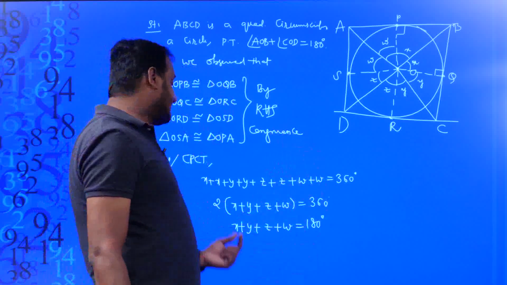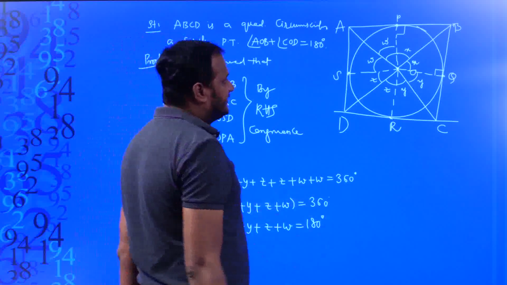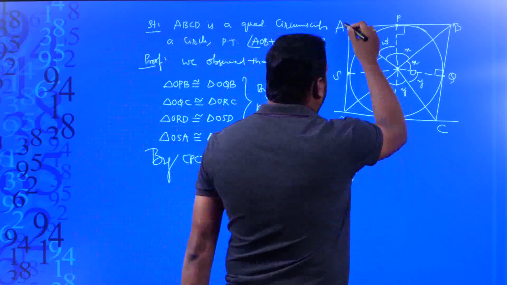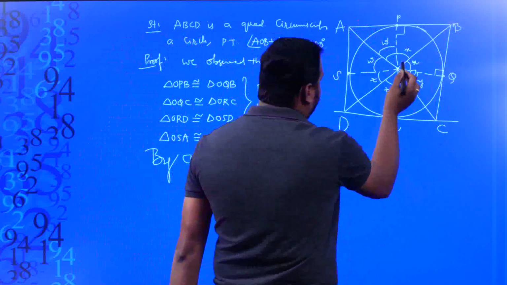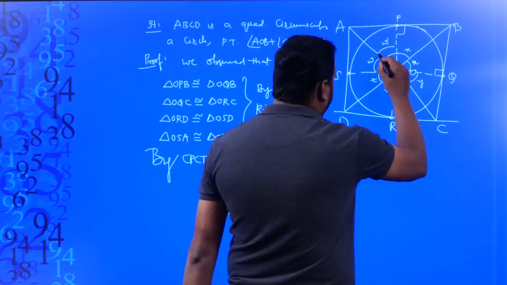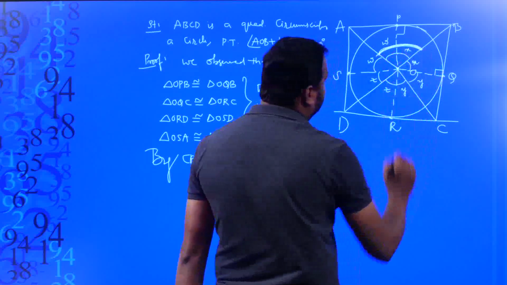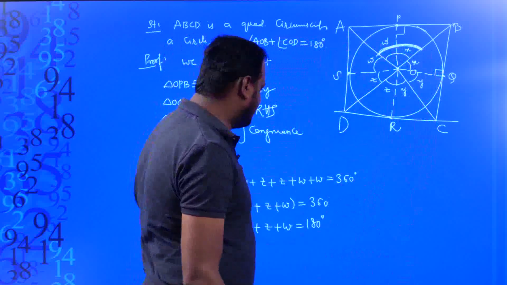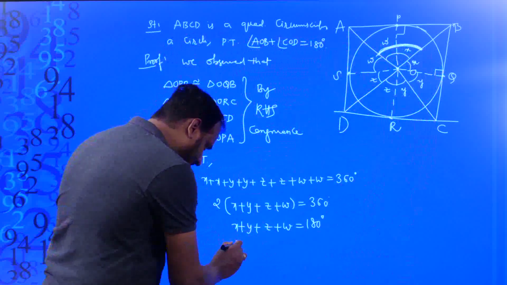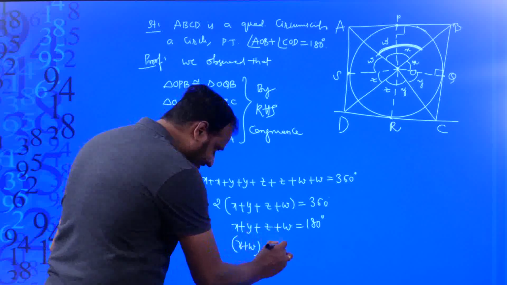But what is this x, y, z, w? Let us go to the figure. See here, we need to prove angle AOB plus angle COD is equal to 180 degrees, right? What is this angle AOB? When you observe, this entire angle AOB is the sum of x as well as w. So, we have x and w written together, plus the remaining things are y plus z.